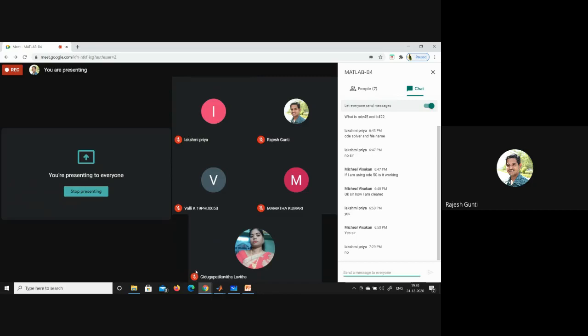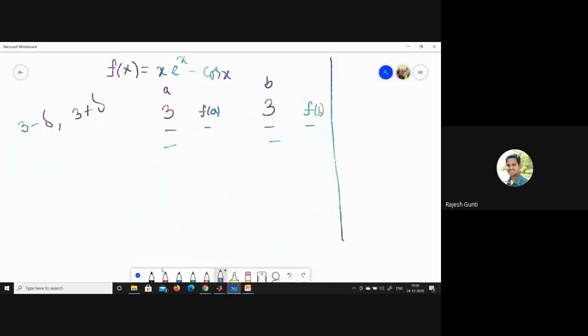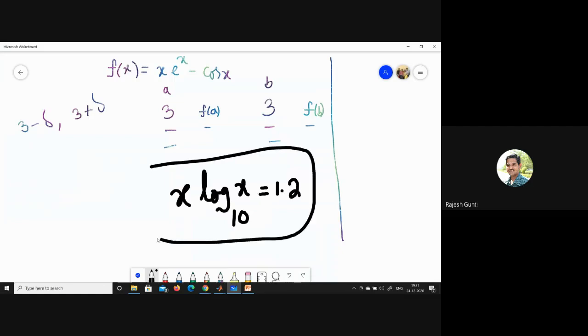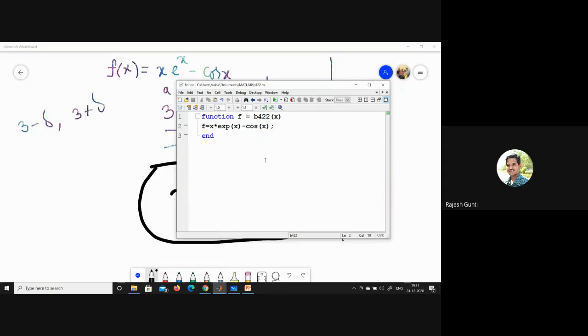x log x. I want to solve this equation. So I'm going to enter this equation: x log 10 of x minus, save this.